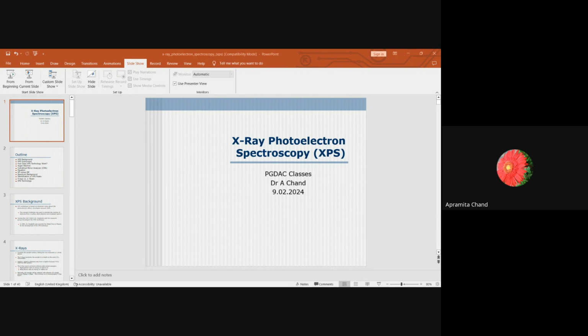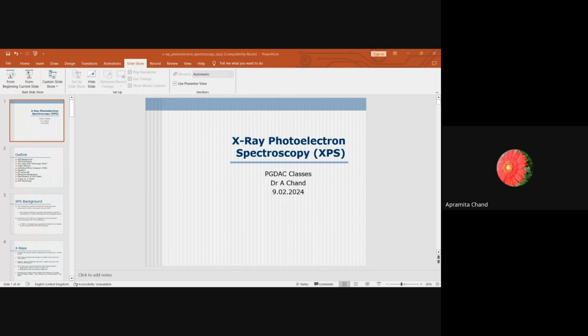So we know that X-rays, whenever they are hitting the sample surface, whenever the radiation is hitting the surface, the core electrons are getting activated, and they penetrate the sample to a depth on the order of a micrometer. And useful electron signal is obtained only from a depth of 10 to 100 Angstrom on the surface.